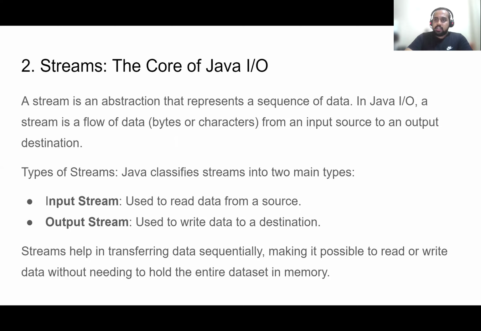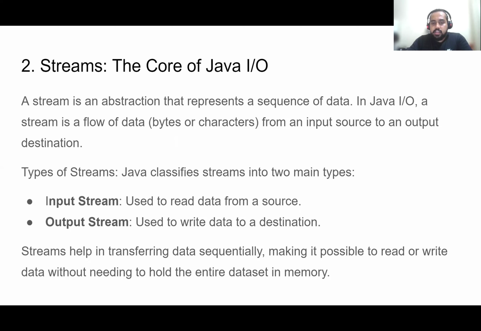There are two kinds of streams: input stream and output stream. An input stream means we take data from the source, whereas an output stream means we write data to a destination, which may be a file, a network, or just printing on the console.